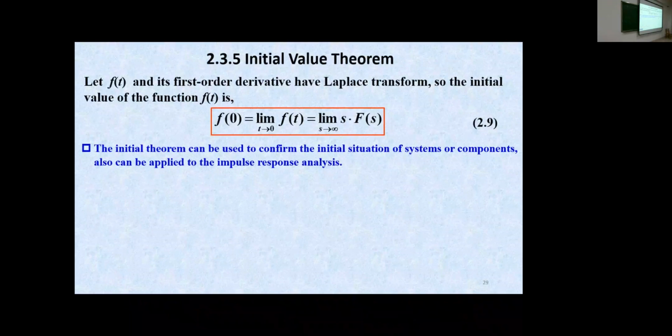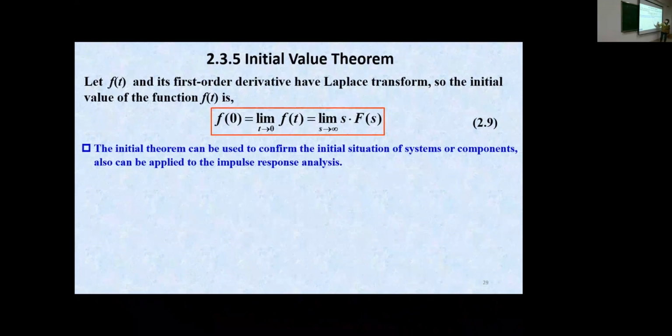That f(t) and its first order derivative have Laplace transforms. So the initial value of the function f(t) is what? We take the limit of f(t) when t tends to what? 0. So this is called the initial value, right? The start point when t tends to 0.